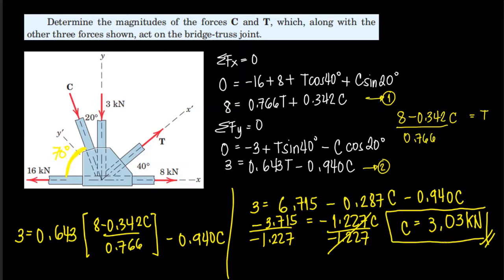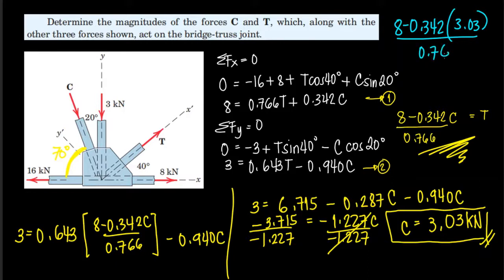How do we find T? Remember this? This one? Okay. So, that's why we save that, because you just substitute C, 3.03 here. So, what it will look like, I'll just change color so it's not confusing, no? You have 8 minus 0.342 times C, which is 3.03, over 0.766.